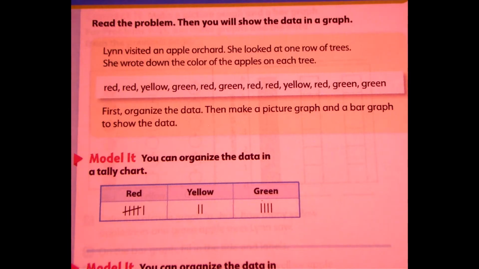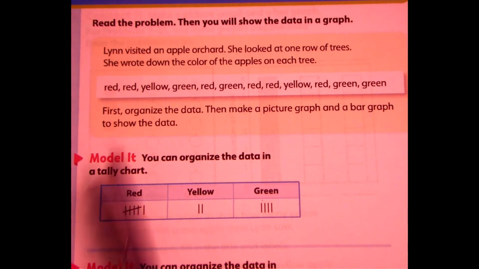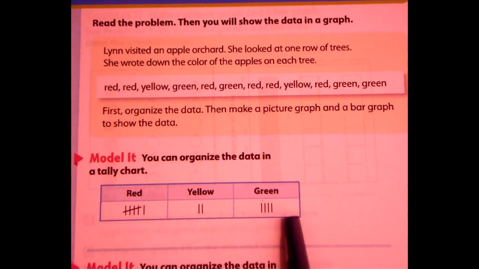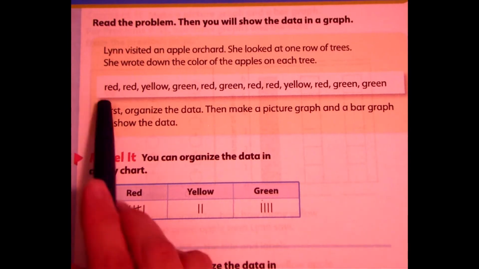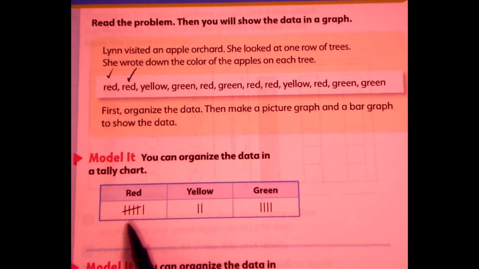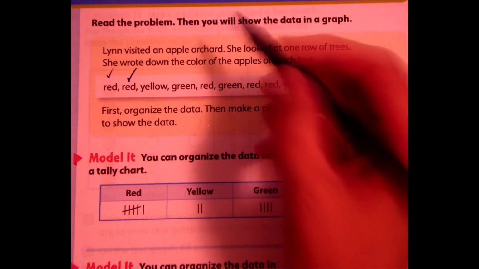All right, one way is to cross off the color as you make a tally mark. And then at the end, make sure that the colors you have at the top match the number of tally marks you wrote. So here she had a red and she made one tally mark. Then she had another red, she made 2 tally marks.